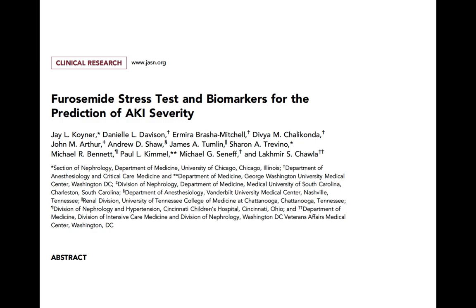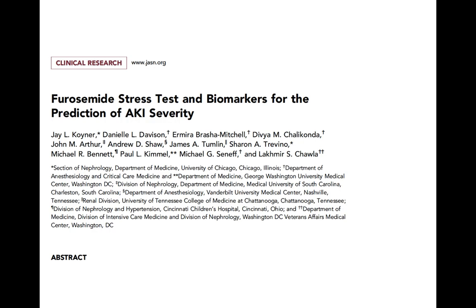So we also took the time to measure biomarkers so we could compare the performance of the FST against other biomarkers. Now, to be completely honest, I did not expect the furosemide stress test to perform at this level.